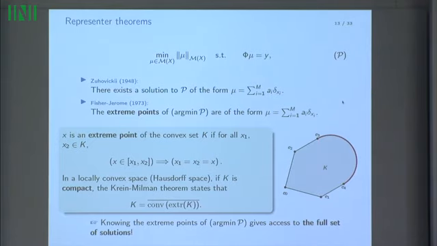And the Krein-Milman theorem says that if you consider a Hausdorff space and your convex set is compact, then your convex set is the closure of the convex hull of its extreme points. So describing the extreme points is stronger than just exhibiting some solution with this structure, because once you have the description of the extreme points, you are able to reconstruct any solution to your problem.